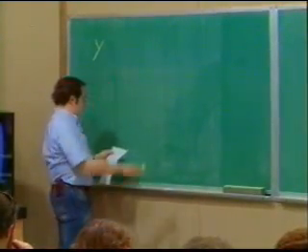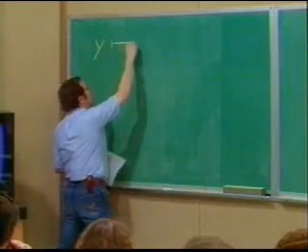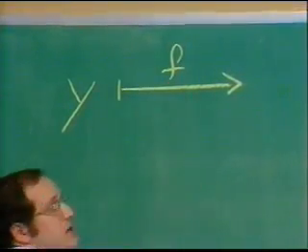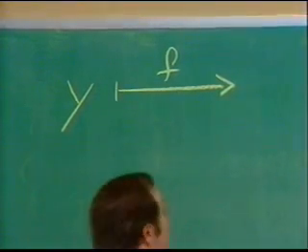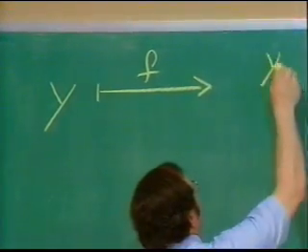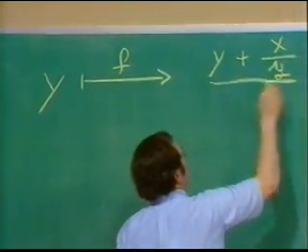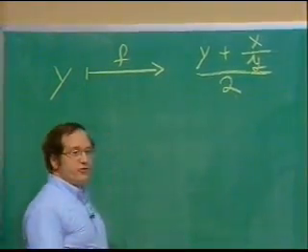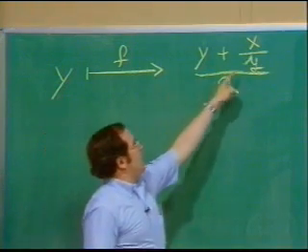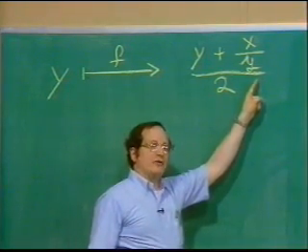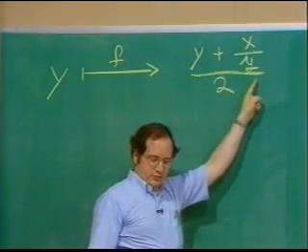If y is a guess for a square root, then we'll call a function f the means of improvement. I want to get (y + x/y)/2. It's the average of y and x divided by y, as the improved value for the square root of x.